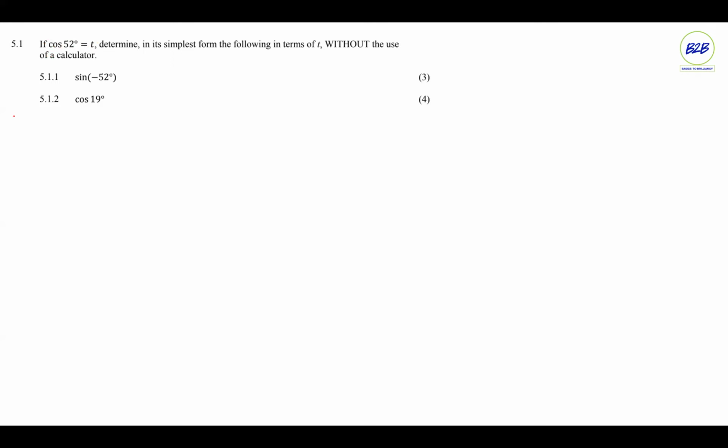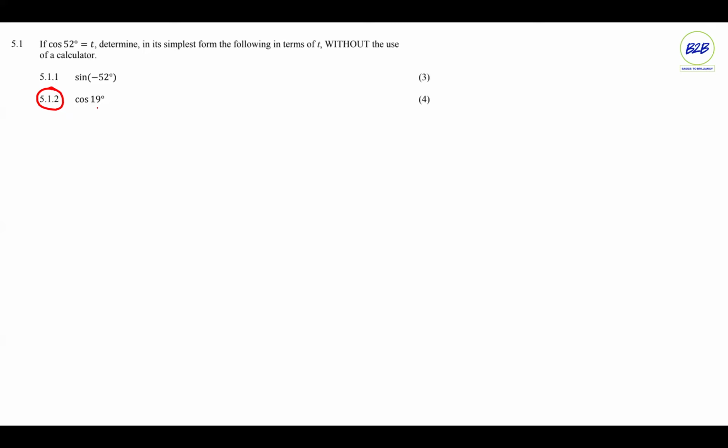So you will use that to sketch a diagram, answer following questions, and so on and so on. But I wanted us to focus on 5.1.2. So I want to use that to demonstrate how would you go about answering such a question.